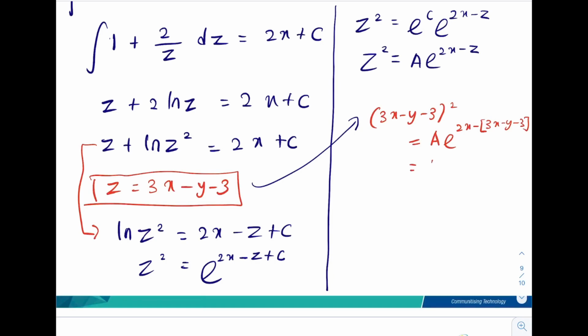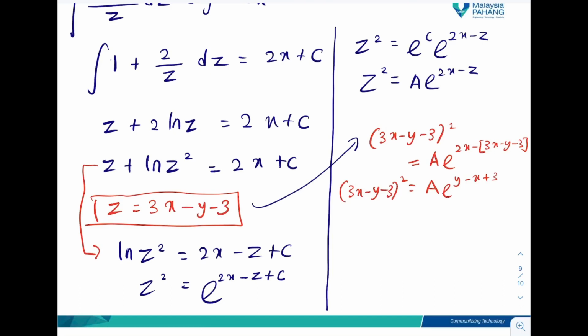Okay, we simplify: A exponent y minus x plus 3. Okay, so this is 3x minus y minus 3 squared. Okay, we can leave our answer like this. Okay, this is not the end yet because we can do some simplification, which is A exponent y minus x, exponent 3, isn't it?